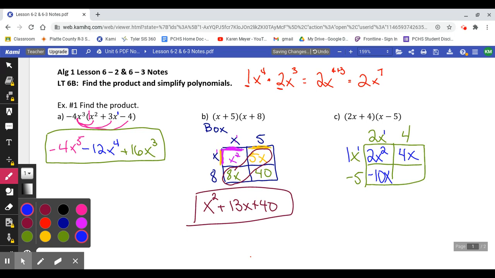And negative 5 times 4 is negative 20. All right, then hopefully everybody notices we are going to have some like terms to combine. So 2x squared. And then 4x minus 10x. Well, 4 minus 10 is negative 6. Keep the x, and then we still have minus 20.